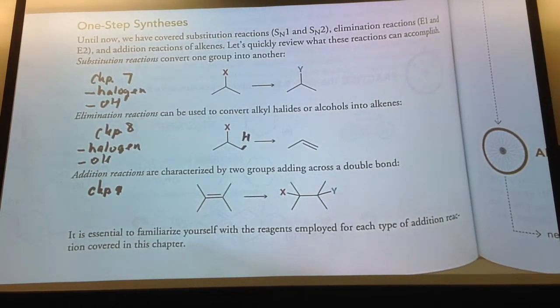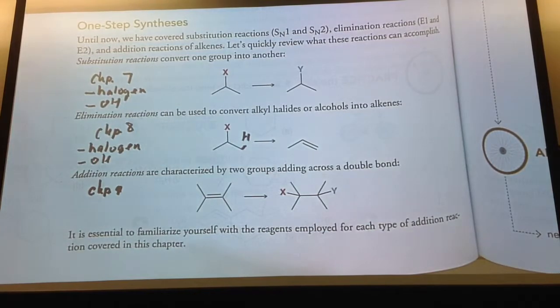Then we had halogens. Let me just say XX for halogens, bromine, for example. But you can also have a halogen like bromine, let's say, and another halogen like chlorine. Right? Or you can have a halogen like bromine and an OH. Right? Remember those?